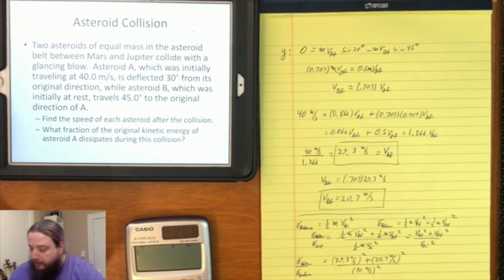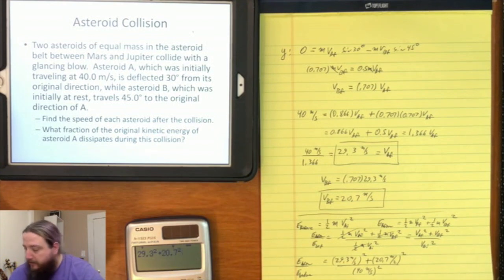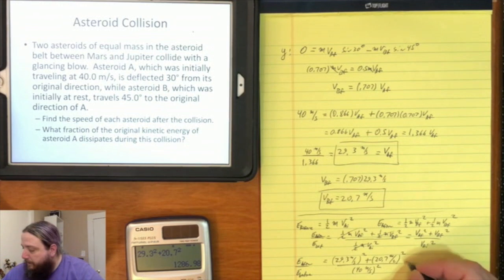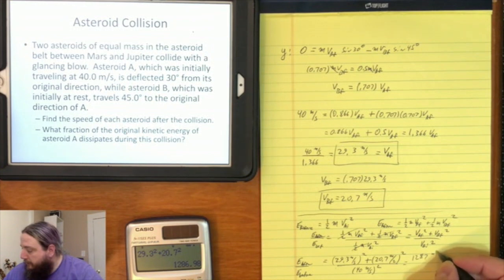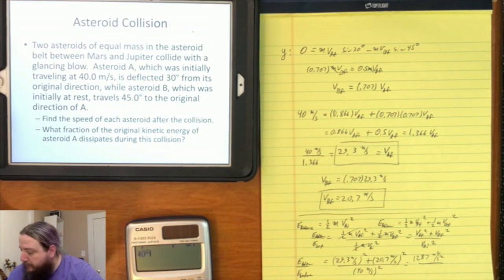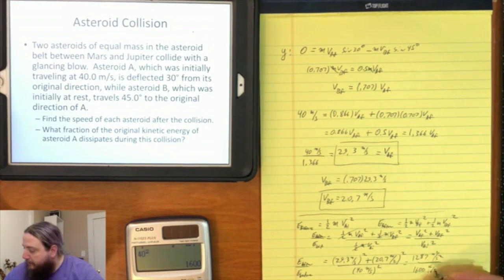And 29.3 squared plus 20.7 squared, that's 1287 or so meters squared per second squared on the top, and 40 squared on the bottom is 1600 meters squared per second squared.